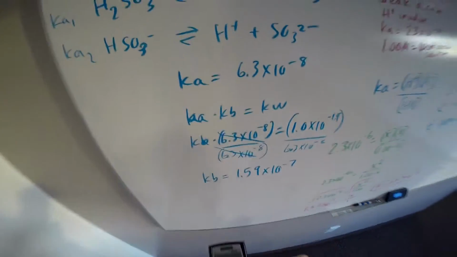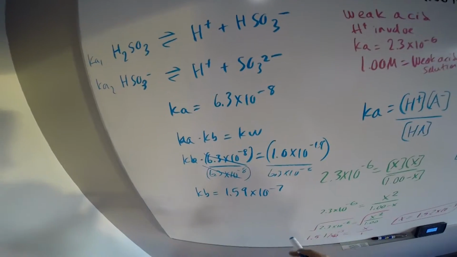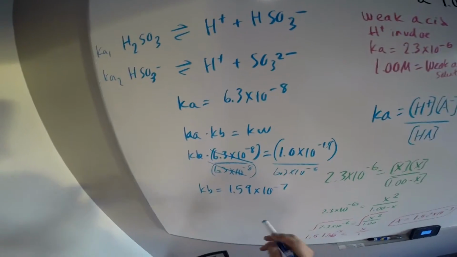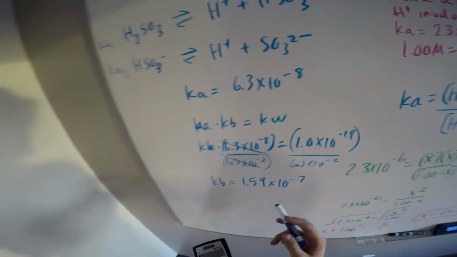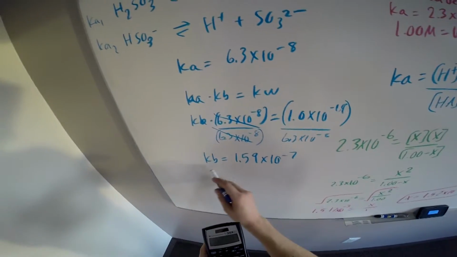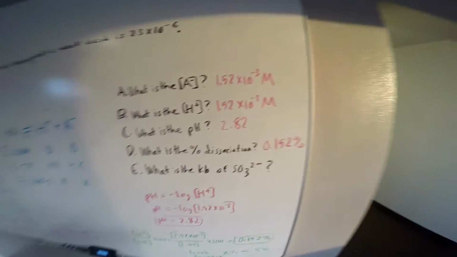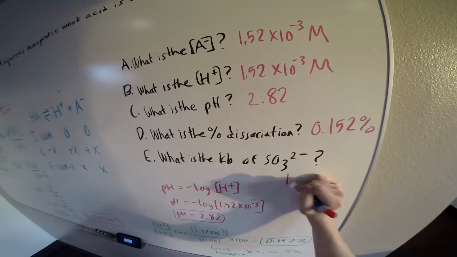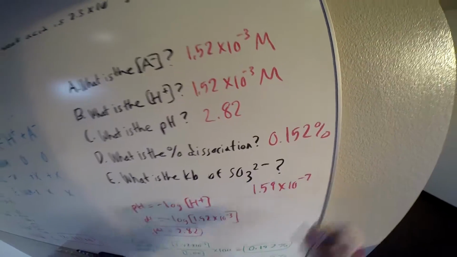And this is the Kb value, so it has no units, because it's not a concentration, it's just a number basically. It's a rate, almost. So this is our final answer for the Kb of SO3 2 minus. So we're going to write this over here. It's 1.59 times 10 to the negative 7.